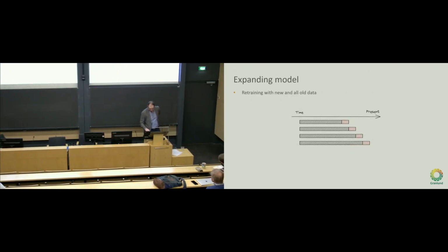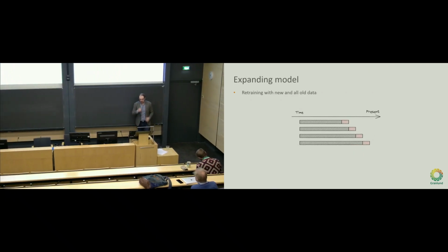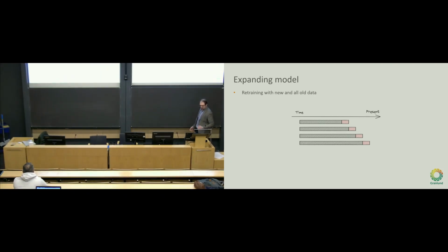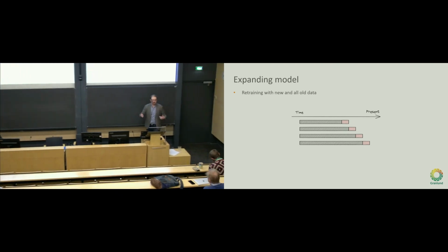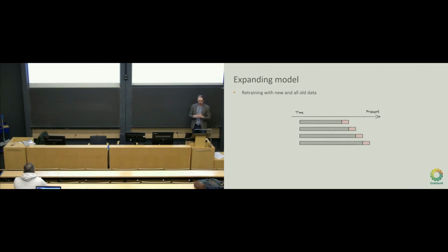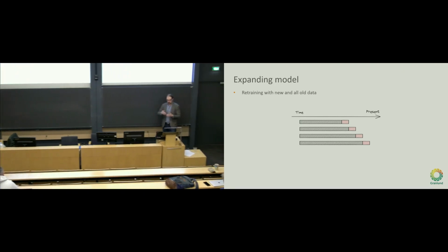Then the most simple retraining strategy is the expanding model. Basically you have some first initial training data set, and then you get new data on which you infer the model, and then you go to the next time of retraining.